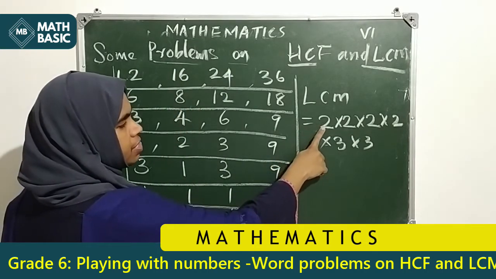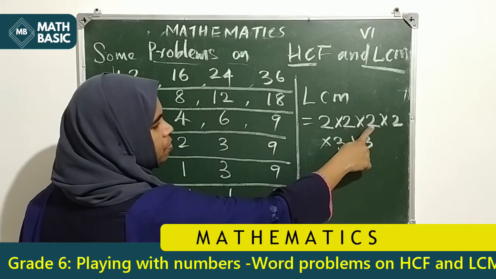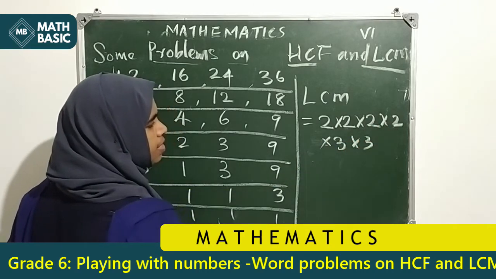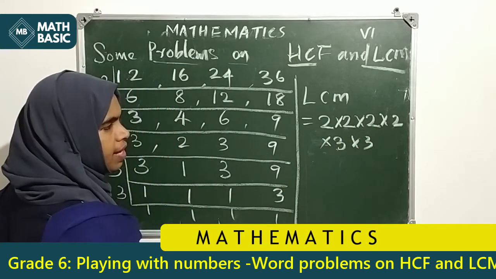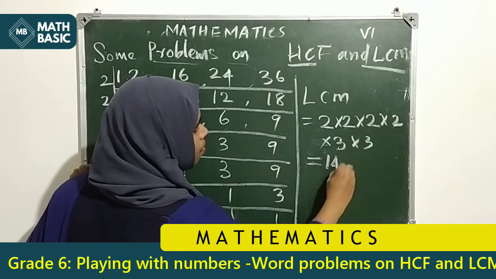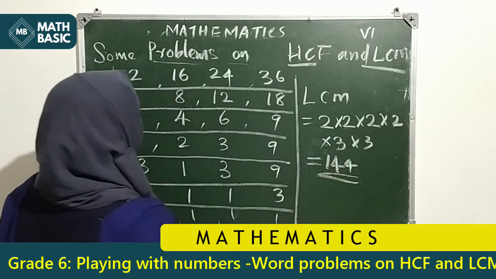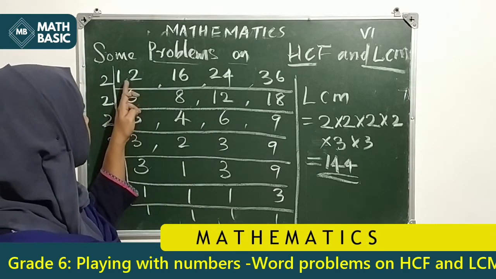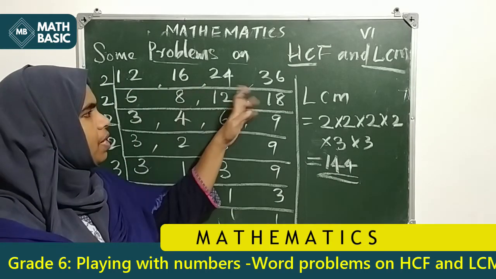Then multiply it. 2 2s are 4, 4 2s are 8, 8 2s are 16, 16 into 3 is 48, 48 into 3 is 144. So 144 is the LCM of 12, 16, 24 and 36.